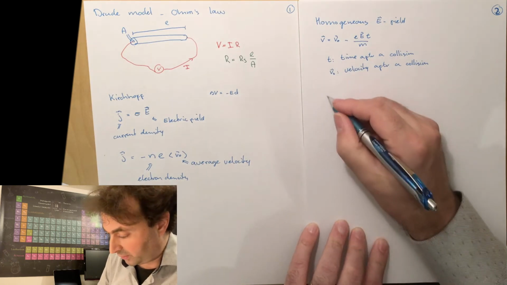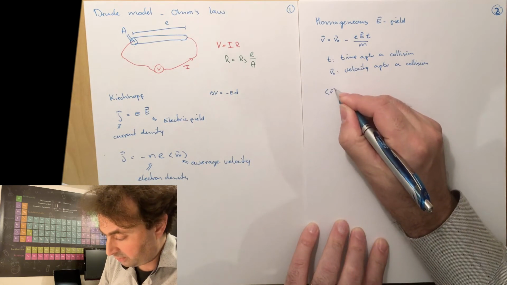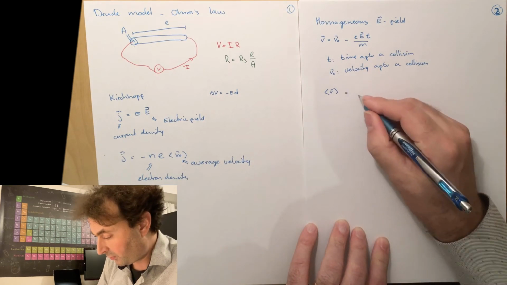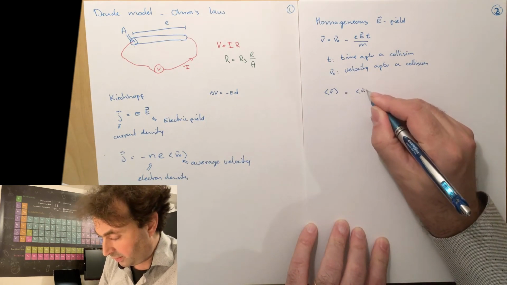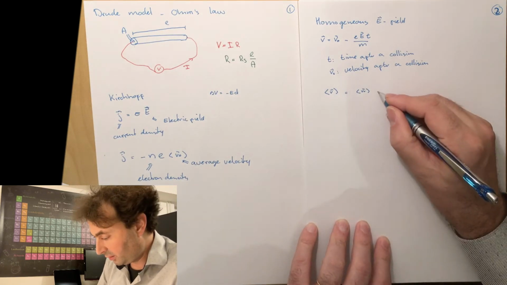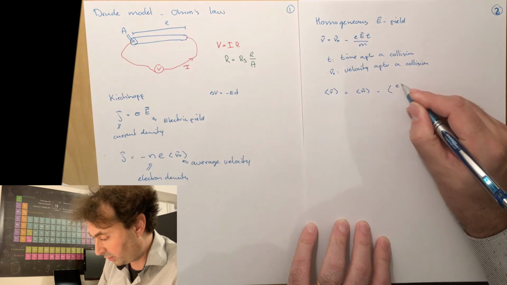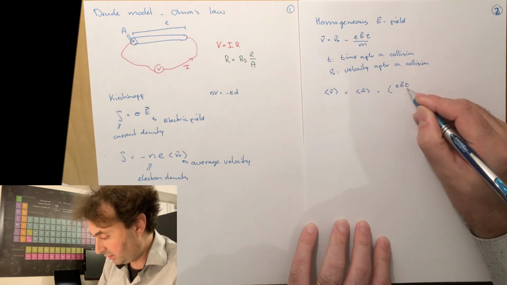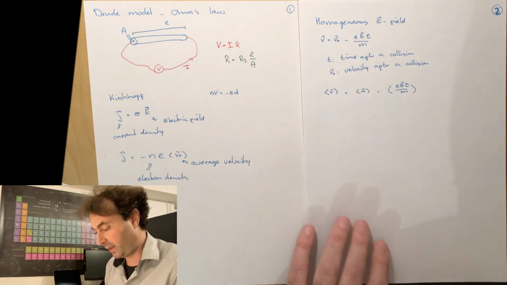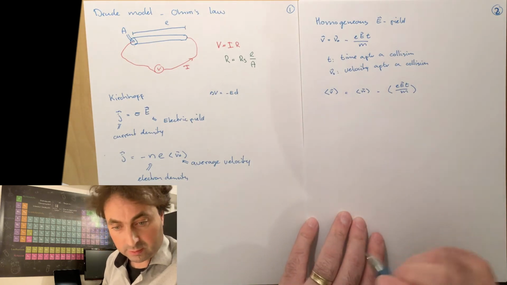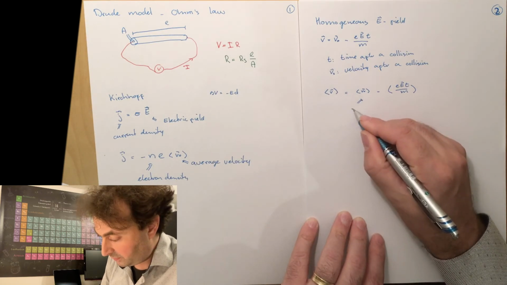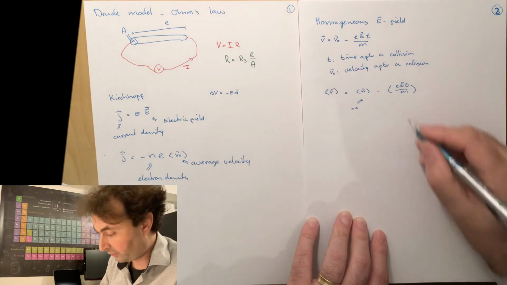We now can calculate what the average velocity is, averaging over all electrons. And that is the average velocity that we have just after a collision minus the average over all electrons, eEt divided by m. Well, the average velocity just after a collision is equal to 0.